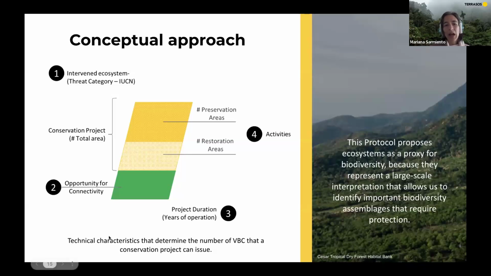And then finally, what types of activities are going to take place within the project area, based on your preservation and restoration areas, which will also have an impact in terms of the cost of the project. So these factors will, at the end, have an effect on how many credits your project can issue.